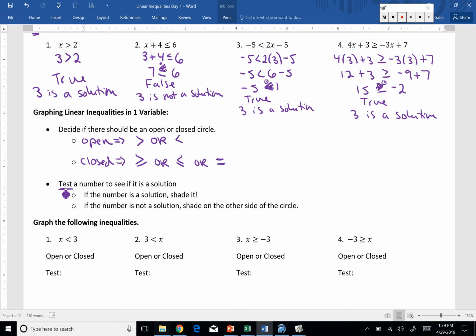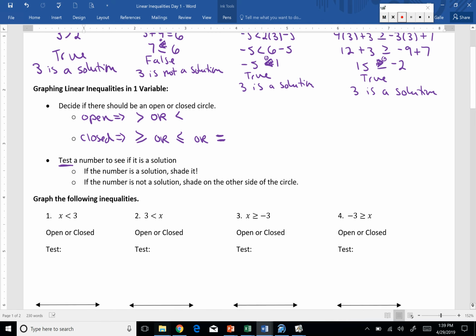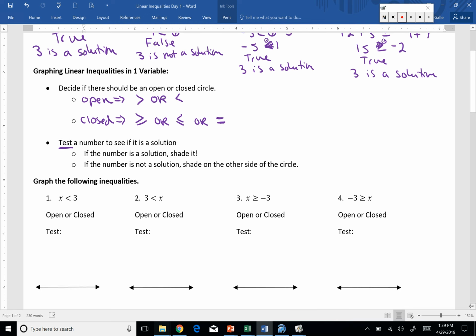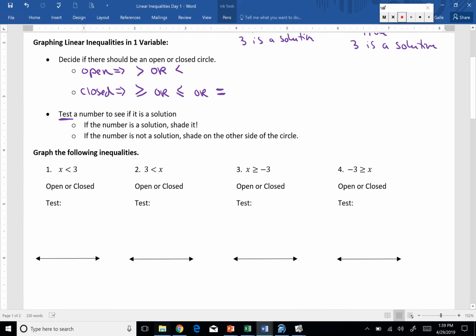I want to take that guessing out of it. You guys all just showed me, I walked around, you guys just all showed me you could put a number in for x and figure out if it's true or false. We're going to use that piece to help us make sure our graphing is solid. So let's just take a look. Graphing on a number line, again, you guys all did it last year. We did it this year.